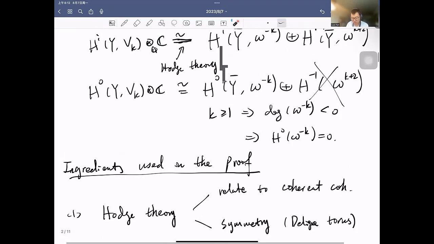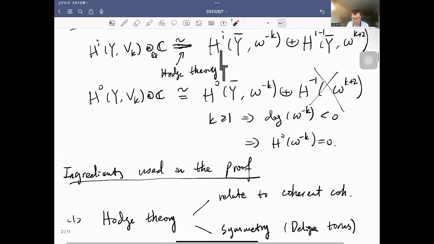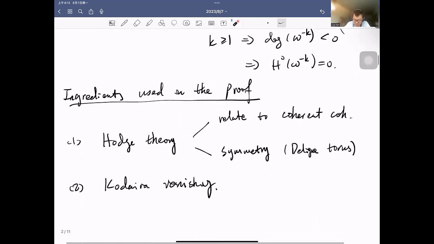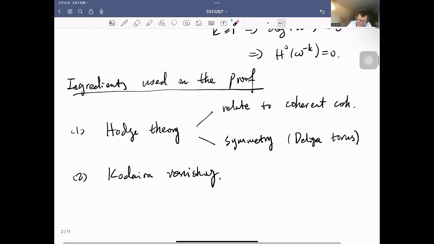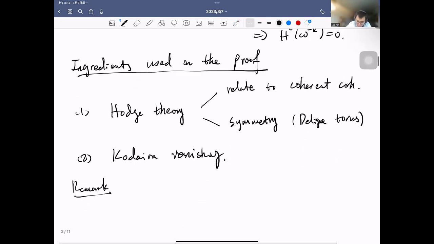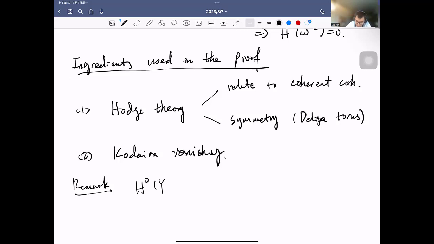As I mentioned, for H0, when k is equal to 0, this is just looking at connected components. Of course, you have H0, but still what you see is that, let me write it here, for H0 I will just look at C coefficients.